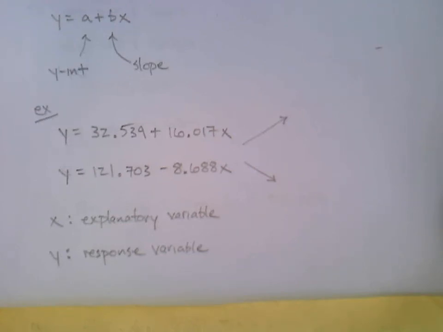So you might remember from algebra that we call x the independent variable and y the dependent variable. So kind of a similar thing going on, just different language. So we say the x value explains the y value, and the y value is a response to the x value. So we'll kind of see this in problems, obviously.